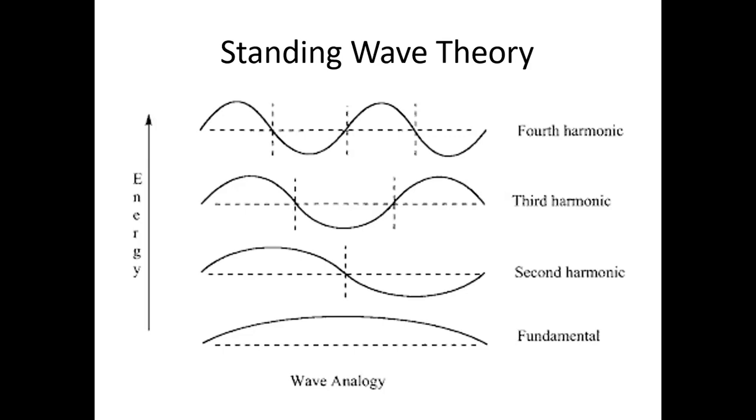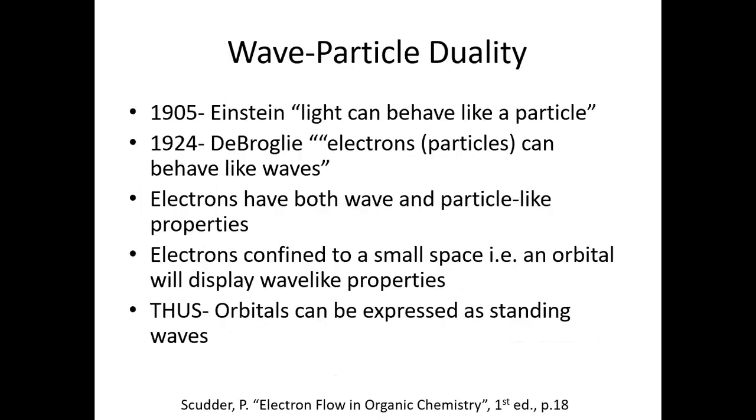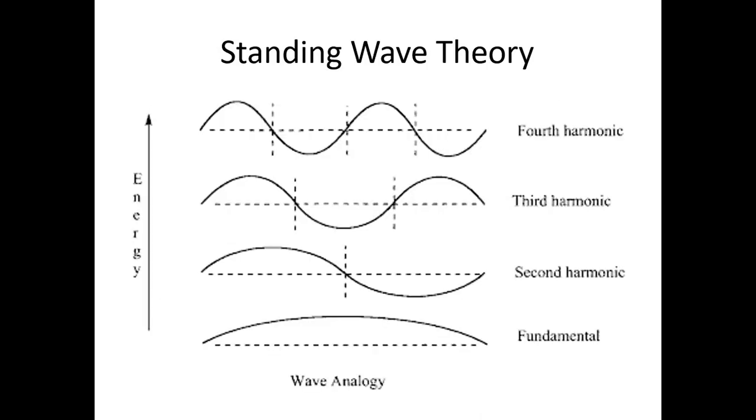All right. So the standing wave theory is what we use to describe molecular orbitals for extended pi systems. Because the electrons have both particle and wave-like properties, we can describe them using depictions that are normally reserved for describing waves.